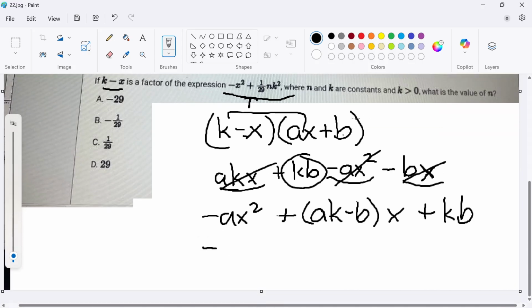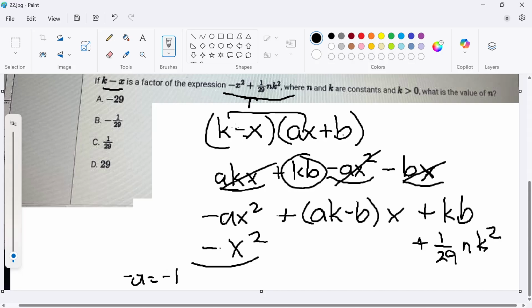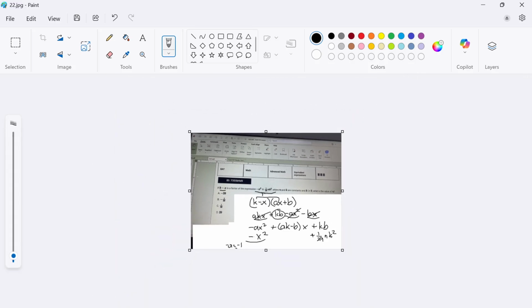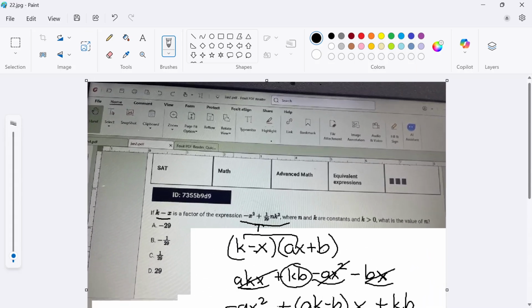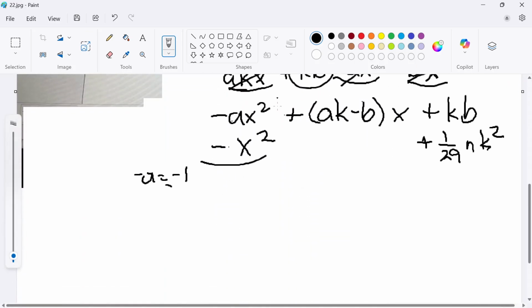So here's the original expression, negative x squared plus 1/29 n k squared. I know that for equivalent expressions, negative a equals negative 1.